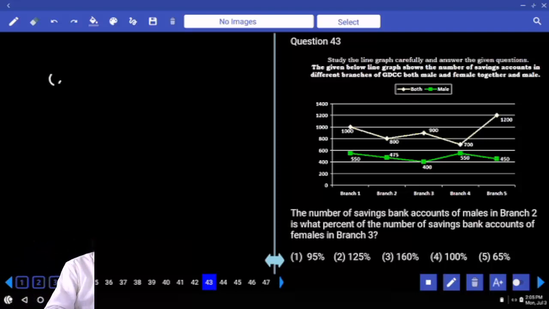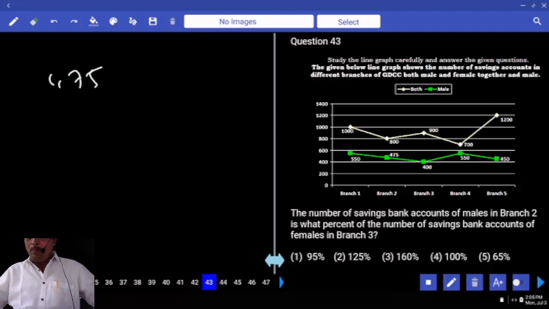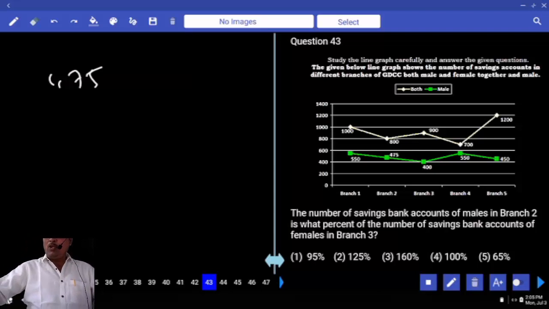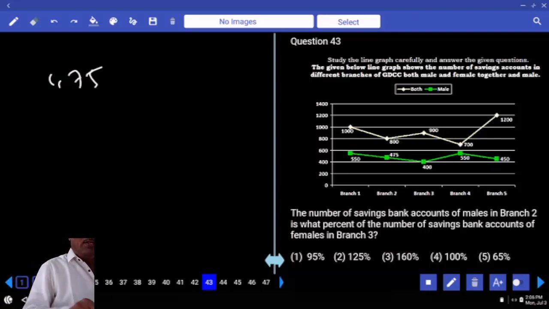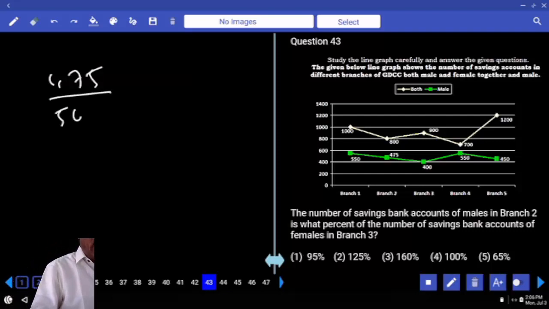Male accounts are how many? 475. Is what percent of the total number of saving bank accounts of females in branch 3? In branch 3, the total accounts are 900. Among 900, 400 are male. Remaining 500 are female. So 475 by 500 into 100. Answer 95%.